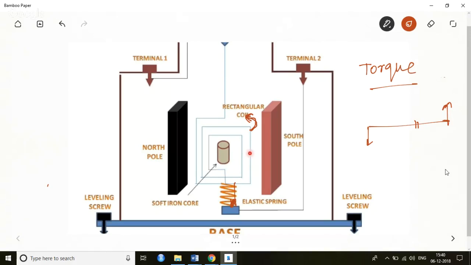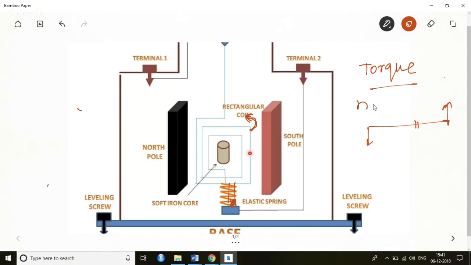That's what I was explaining on the other page: whenever a radial magnetic field crosses this current carrying conductor, on the parallel wires there would be no force, but on the vertical wires there would be opposite forces from two sides. Due to this kind of opposite force, a torque would develop. Due to the torque, this spring would get elongated, or make a certain angle with the horizontal or vertical, whichever angle you take.